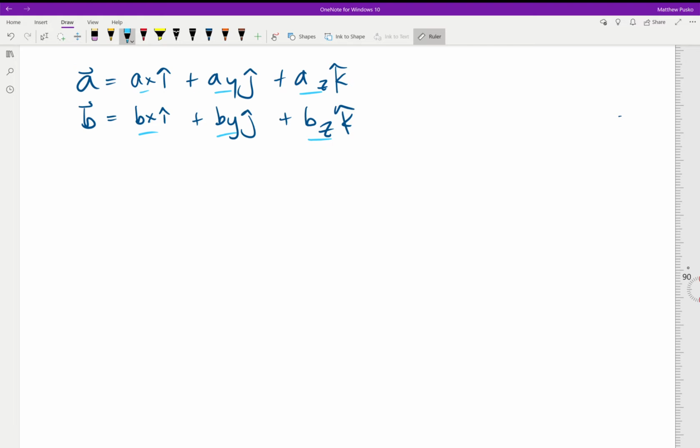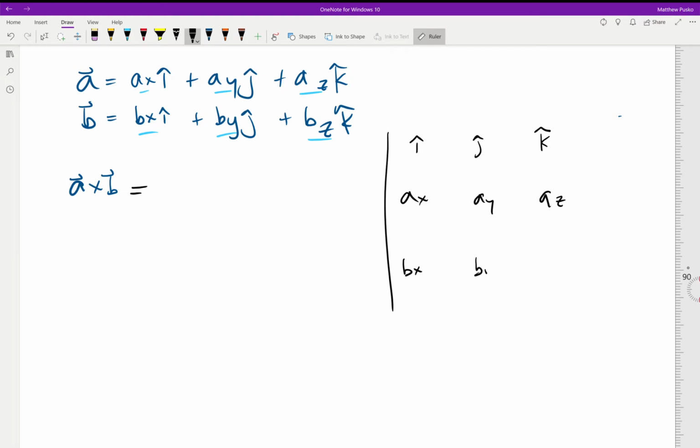If I wanted to take the cross product of the two, or A crossed B, the definition comes from actually putting these in a determinant where this is I, J, and K. This would be our A sub x, our A sub y, and our A sub z. And then the same for the B vector: x component, y component, z component. And we take the determinant of that thing.